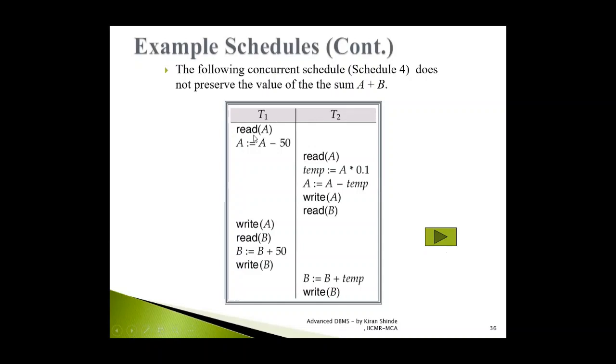After that, T1 updates the value of A, deducting 50 from the initial balance of A. Before this update is stored in the database, the write operation of T1 is delayed and T2 starts in between, reading the initial value of A. Realistically, the updated value of A should have been stored in the database and read by transaction T2.